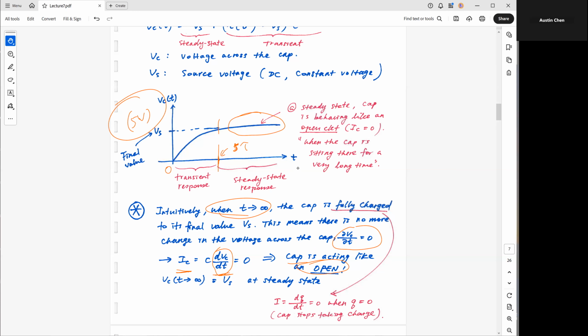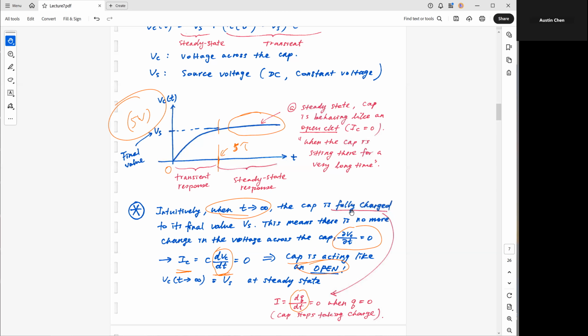The other way to understand it is to look at it from the charge perspective. If a capacitor is already fully charged, then there can be no more change in the charge with respect to time, so dq/dt is equal to 0. We know that the current I is equal to the change in charge with respect to time, so the current has to be equal to 0 as well.